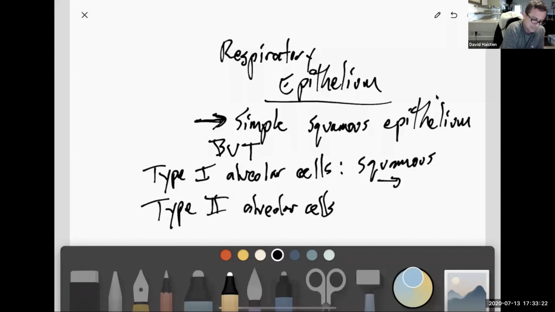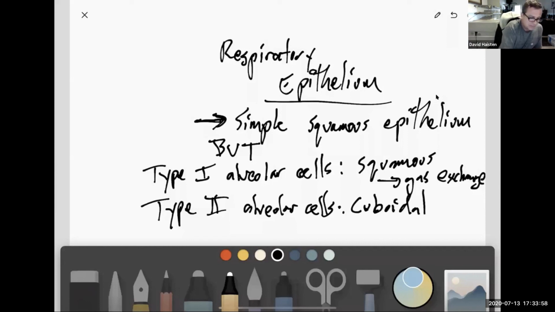They're there for gas exchange, for diffusion. Most of the cells in this simple squamous epithelium, that is your respiratory epithelium, are there for gas exchange. However, there are a few type 2 alveolar cells scattered in your respiratory epithelium. They are cuboidal.